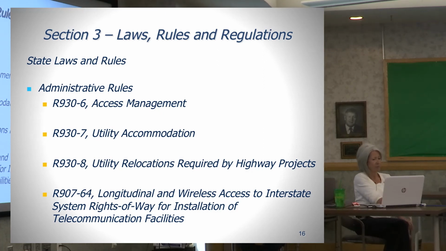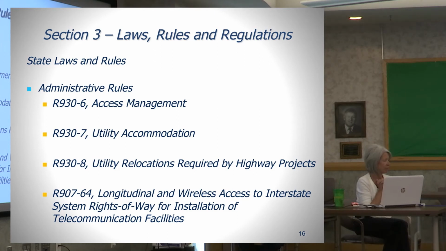We talked a little bit about the new administrative rules. For those of you who have been around as long as I have, the former rule was called the Manual for the Accommodation of Utilities and the Protection of State Highway Rights-of-Way.